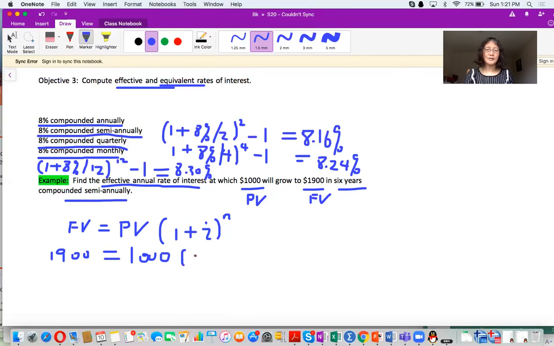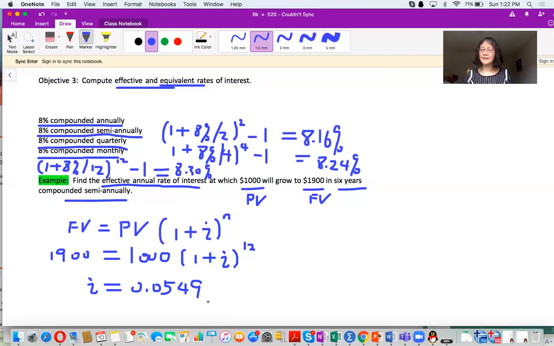Interest rate, we don't know this I, but we do know it is 6 years compounded semi-annually, so the number of periods should be 12. Once you have this equation with one unknown, you can solve for I equal to 0.0549.